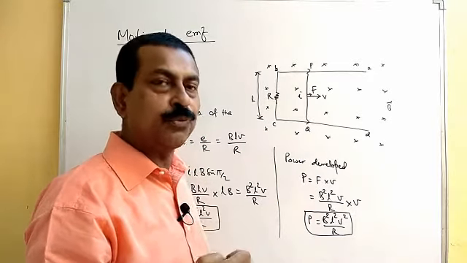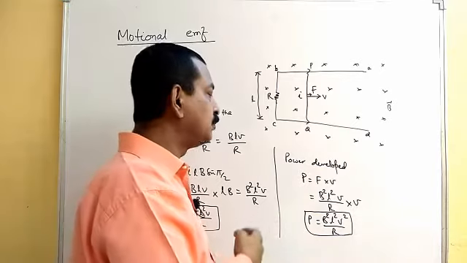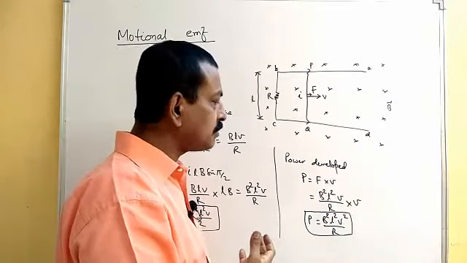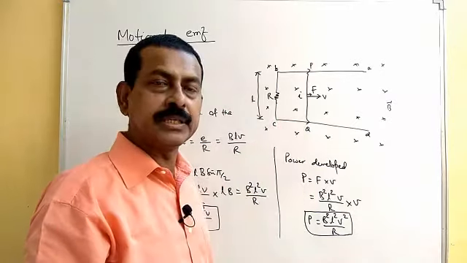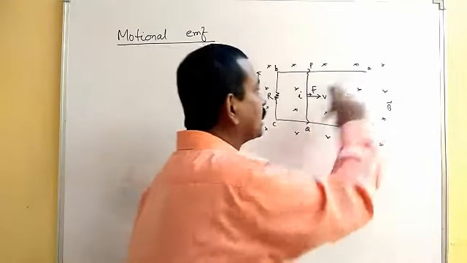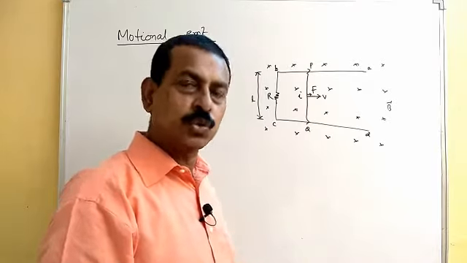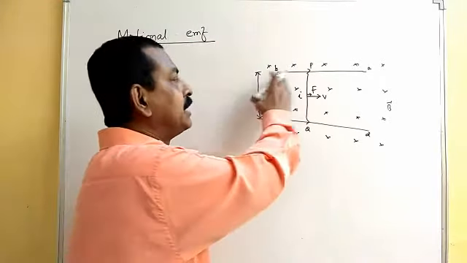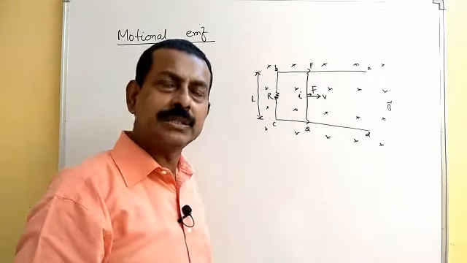So if you want, we can find out what will be the resistance of this circuit. Let's take the case if these parallel tracks have some resistance. So far we have assumed that they do not have any resistance, they are just conducting tracks.